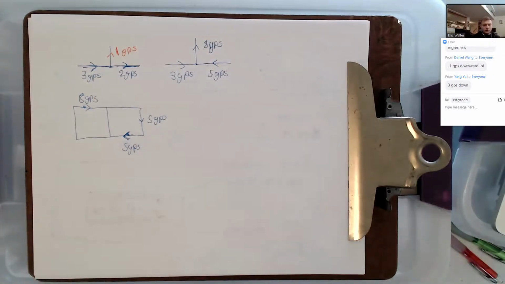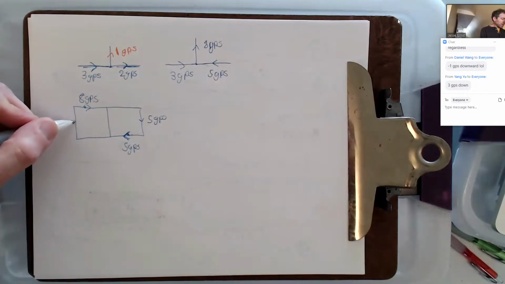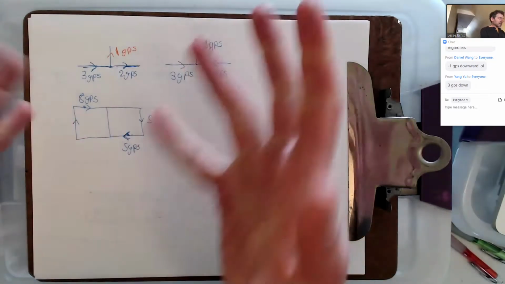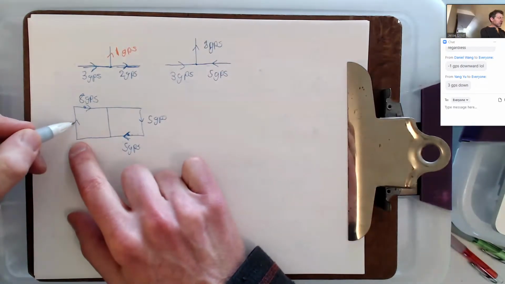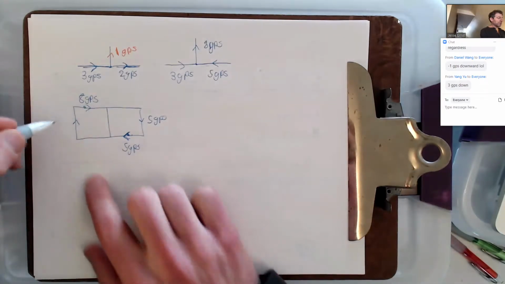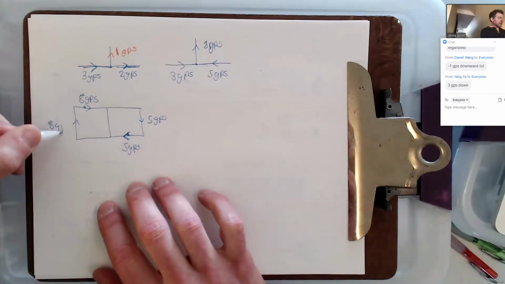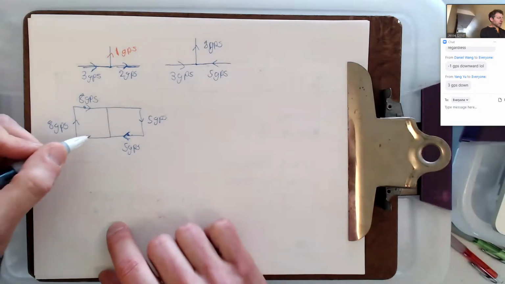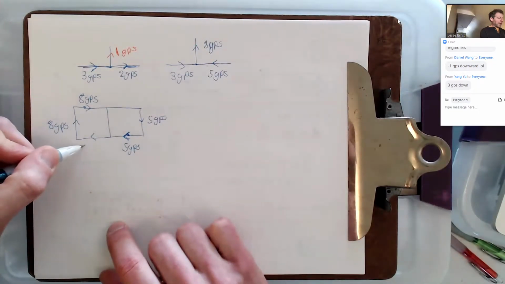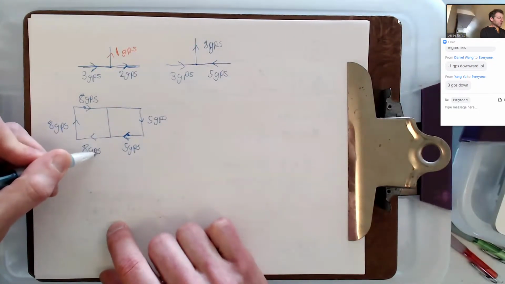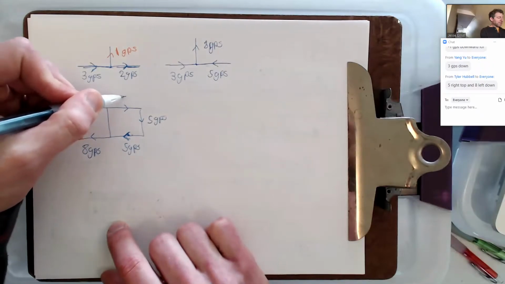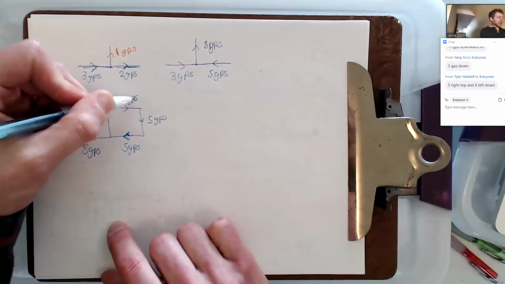Then would it be safe to say it's 8 gallons per second up on the left side? Yeah, sure. It's 8 there, so it's got to be 8 here. Putting a curve in a pipe can't change the amount of flow. So we must also have 8 gallons per second here, and 5 gallons per second here.